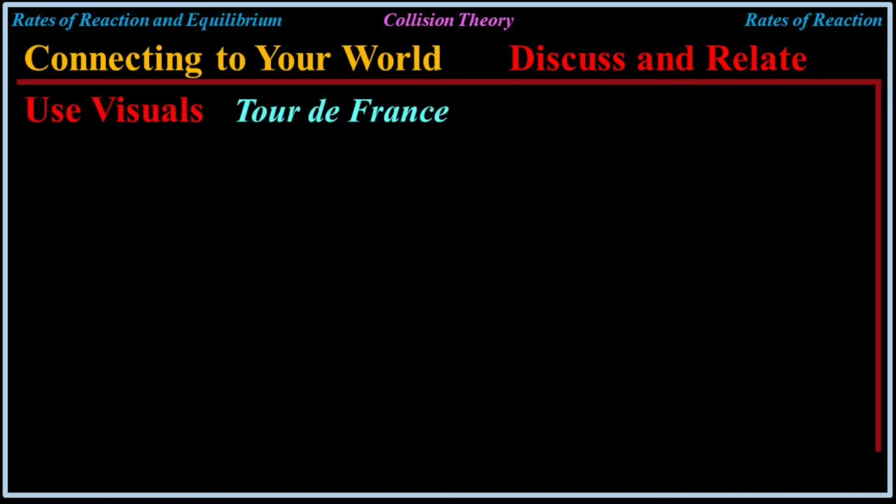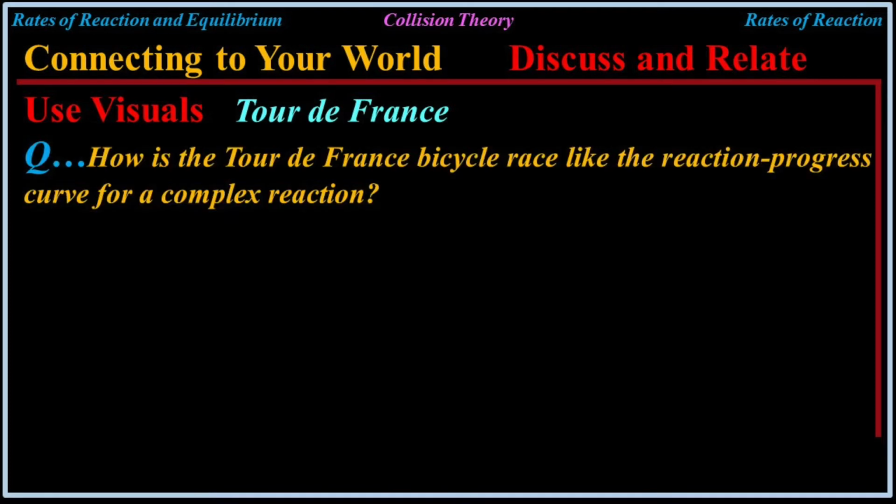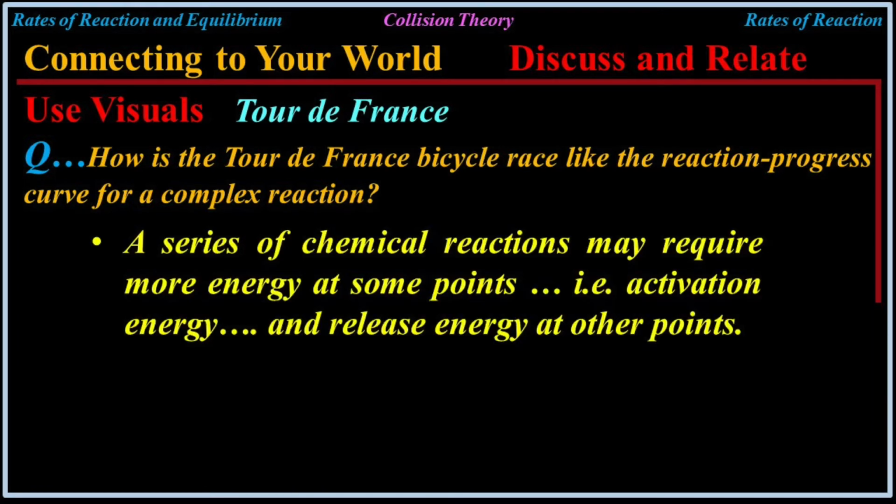Tour de France. How is the Tour de France bicycle race like the reaction progress curve for a complex reaction? A series of chemical reactions may require more energy at some points, i.e. activation energy, and release energy at other points.